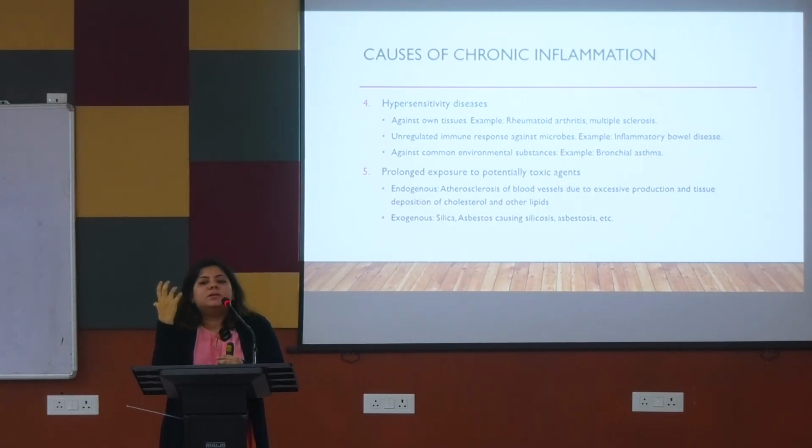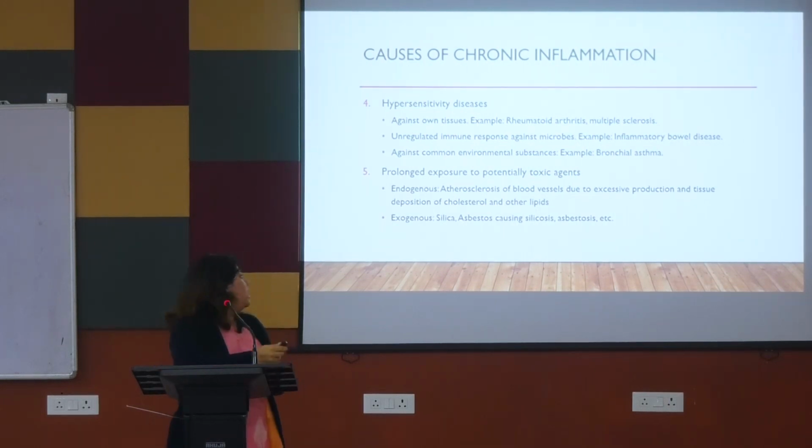Now the products of these microbes are attacked for no reason, does not help the body in any way, but there is chronic inflammation. So this is a reason for development of Crohn's disease. So again the body is attacking its own tissue unnecessarily, right?